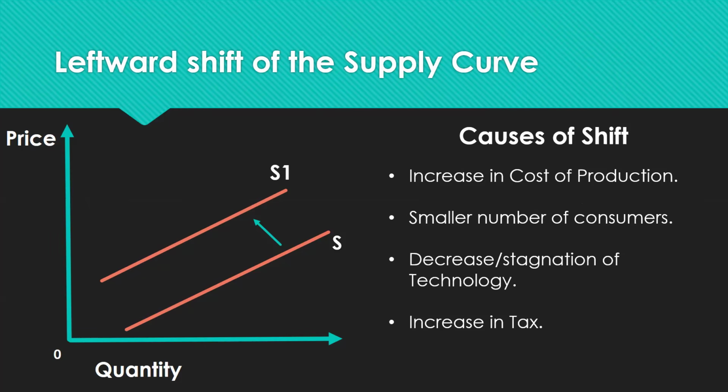That's things causing them to supply less. If the cost of production increases, people would supply less. Or if there is less demand, people would supply less. Technology not improving, people might supply less. Or there are more taxes on the goods, people might supply less.